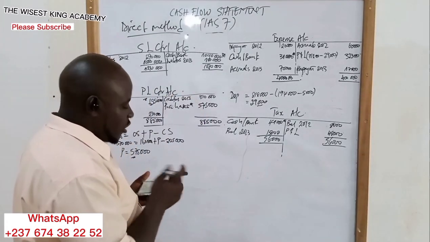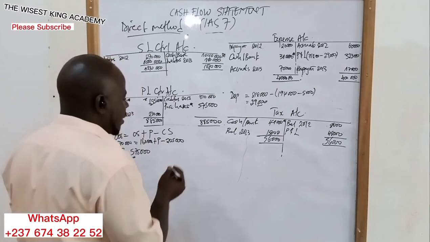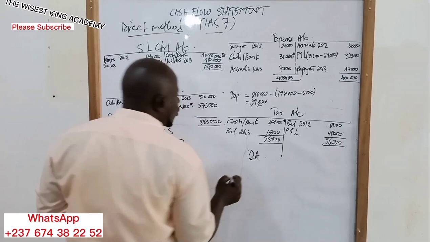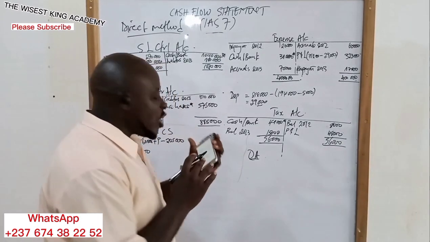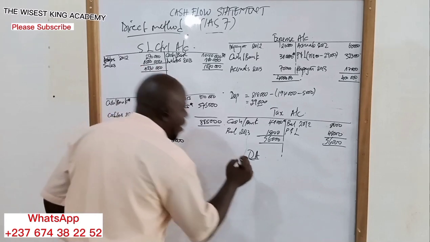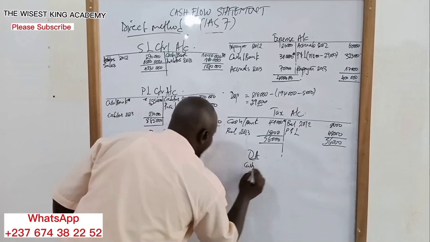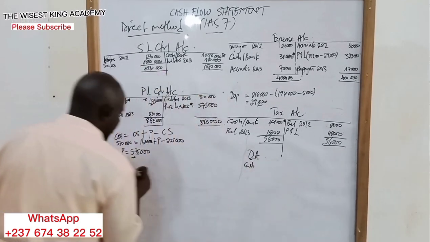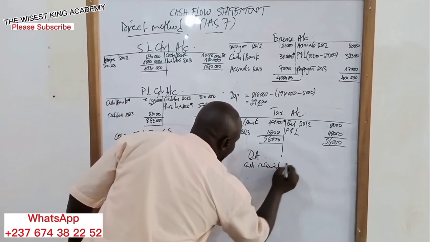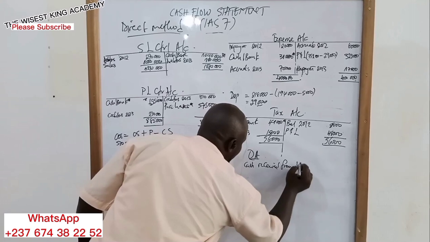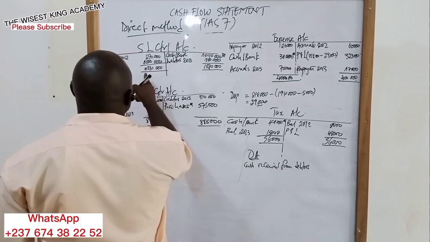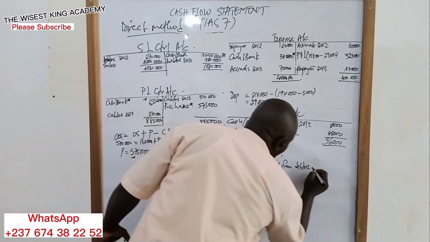So let's try to determine the net cash flow from operating activity. If you look in the income statement, there was no other income. So it means that here we only have cash received from debtors, which here is written as sales ledger contract account, 1,090,000.